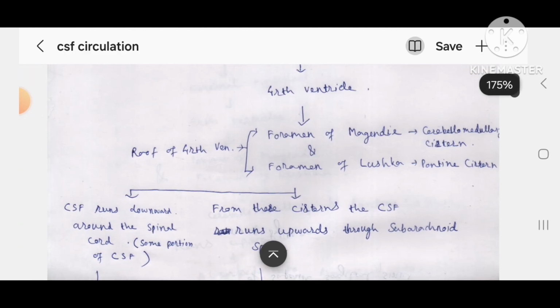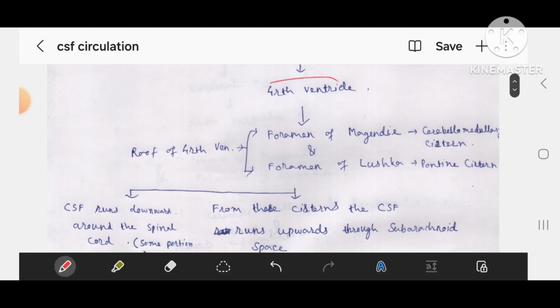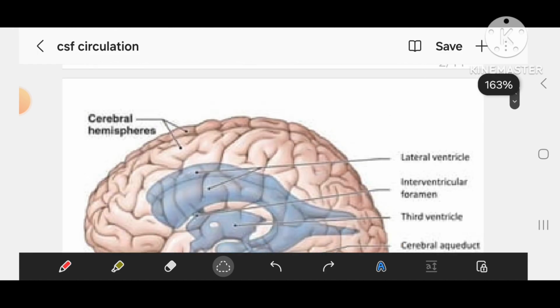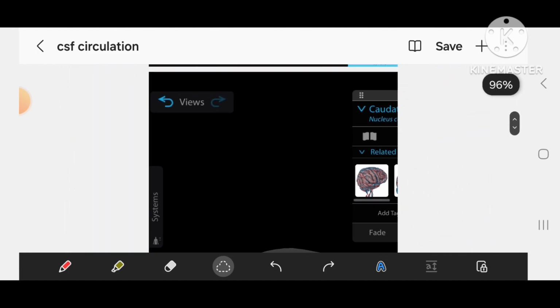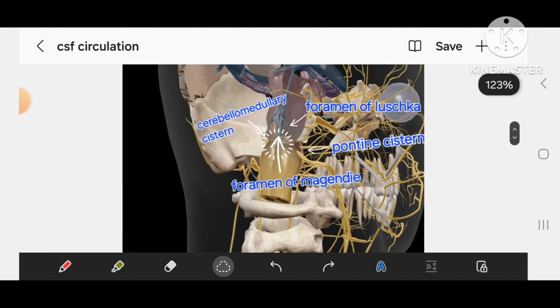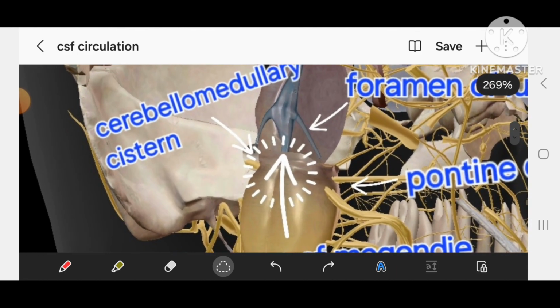From the fourth ventricle, the CSF will come through the foramen of Magendie and foramina of Luschka. There is one foramen of Magendie and two foramina of Luschka. I'm showing it in the image. This is the fourth ventricle, and this is one foramen of Luschka, this is another foramen of Luschka, and this is the foramen of Magendie.